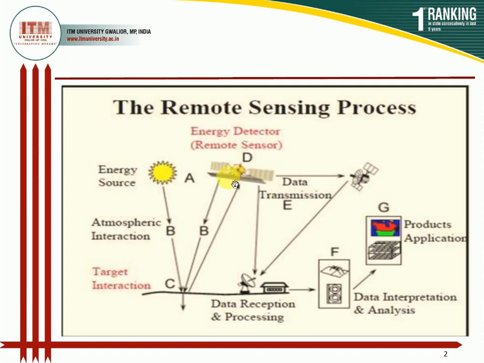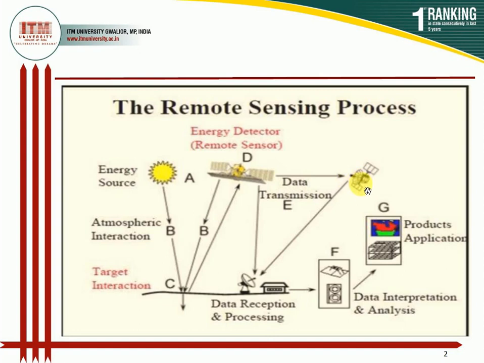In active remote sensing, the satellite itself acts as a source of energy. It transmits some sort of radiation which strikes the surface of the target object, is reflected back, and is stored by that particular satellite. This satellite gives a signal or information to a remote station present on the earth's surface.